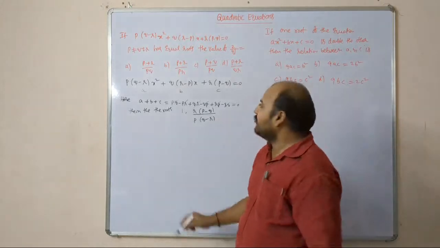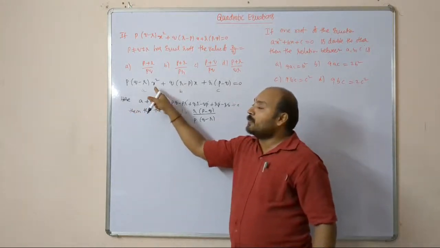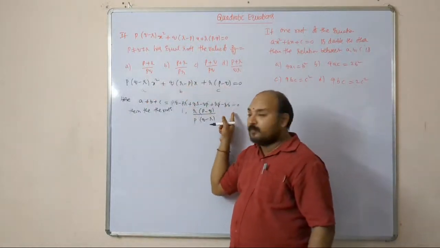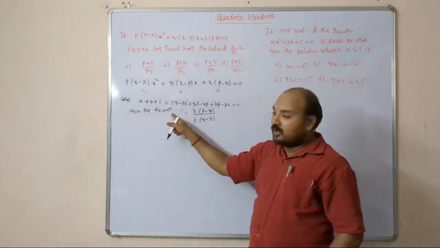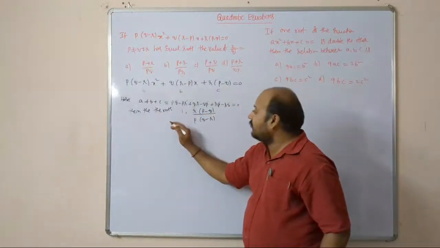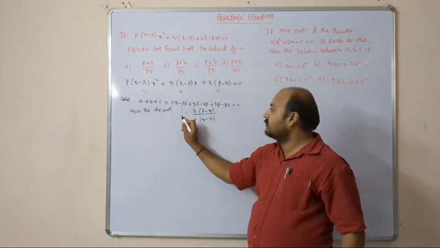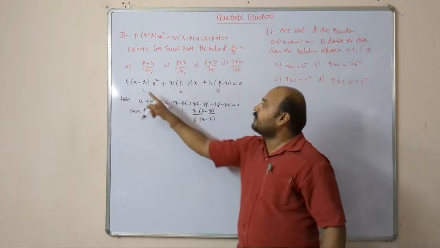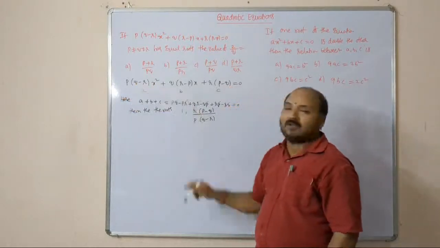I hope you understand. Whenever the sum of the coefficients is equal to 0, the roots are 1 and the product of the roots, r into p minus q by p into q minus r.